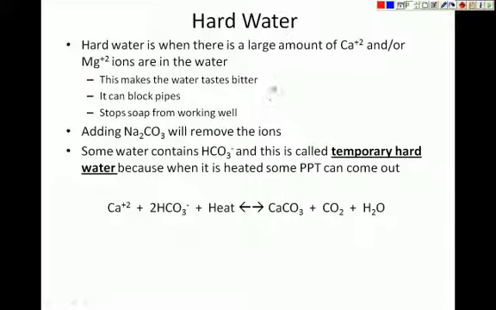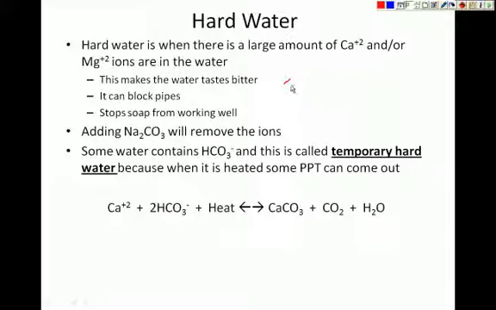And hard water can also combine with soaps and prevent soaps from doing their job, which is removing oils and stuff like that. So hard water isn't a really desirable thing.